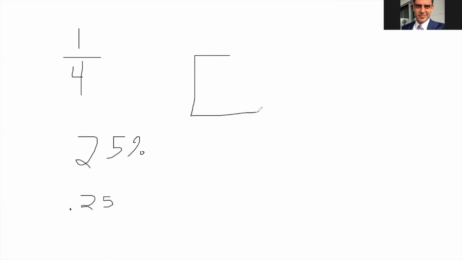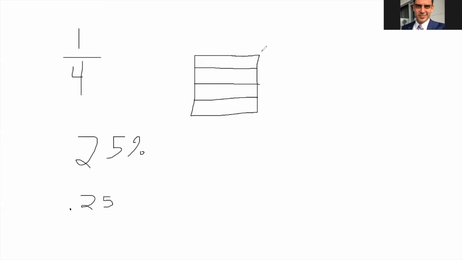Now, if you had a drawing, like a diagram, so let's say that you had a candy bar, for example. So this is just a regular chocolate candy bar, and it's broken up into 4 pieces. And then I say, I'm going to give you 1/4.